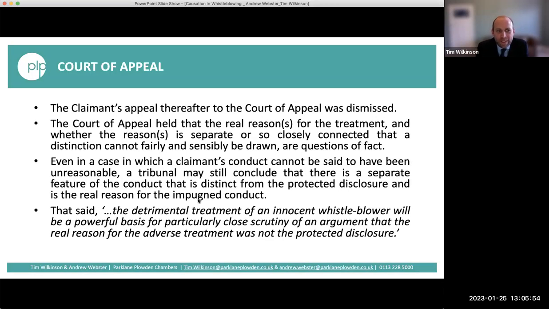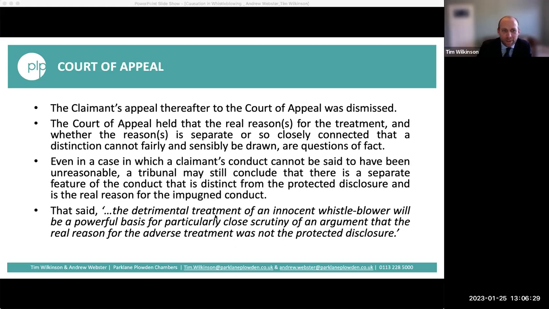As we've set out in that slide, third bullet point, even in a case where the claimant's conduct cannot be said to have been unreasonable, a tribunal may still conclude that there is a separate feature of the conduct that's distinct from the protected disclosure. But of course, the more reasonable the way in which an employee raises the disclosure, the less likely it is that the tribunal is going to accept that that distinct feature is the real reason for the detrimental treatment or the dismissal.